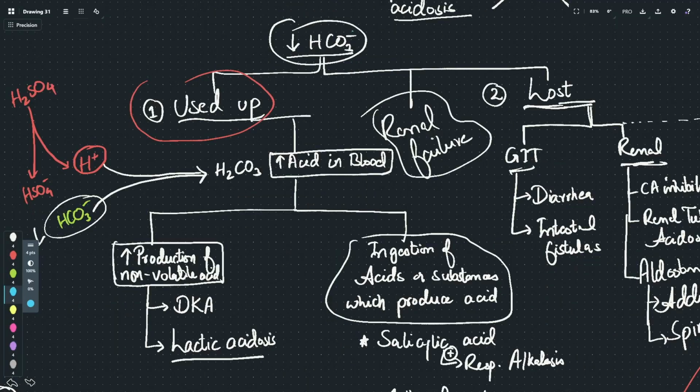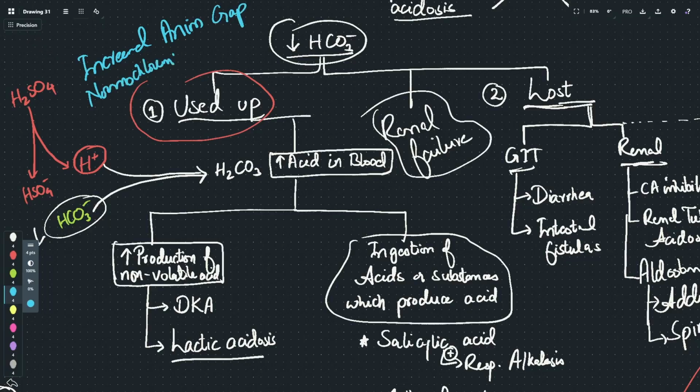Here, the bicarbonate is used up, but along with that an unmeasured anion is also added. It means the unmeasured anion, which represents the anion gap, will increase. So these are the metabolic acidosis with increased anion gap.